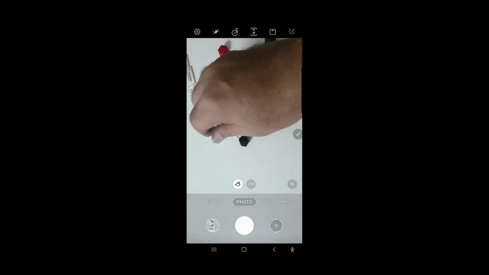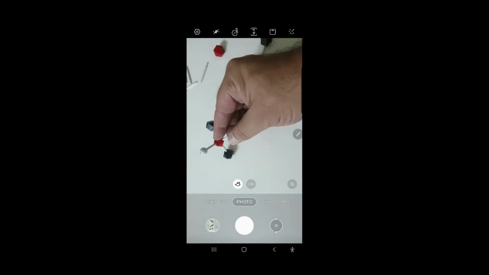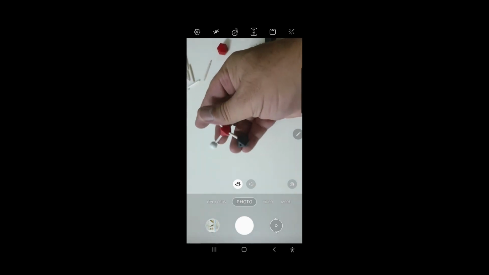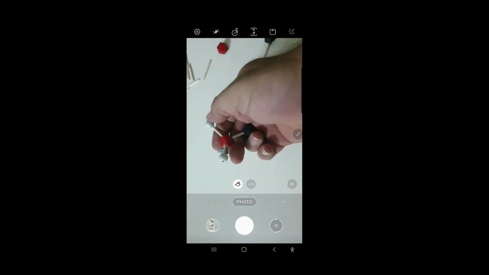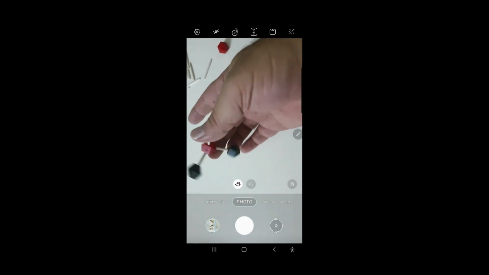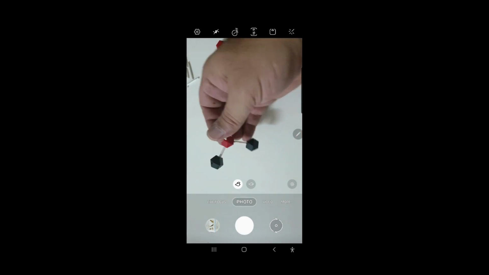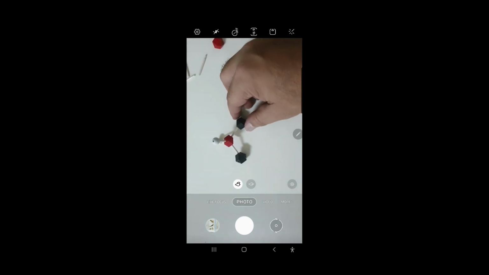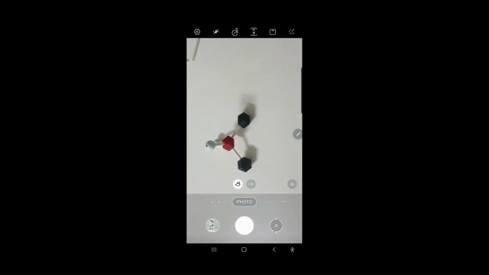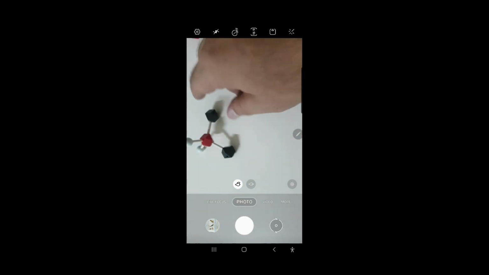So this is water. This is the oxygen atom with 2 pairs of electrons here and here, and here we have the hydrogen. So as you can see, this is the shape of water. It is not a linear shape, but it is angular or bent.